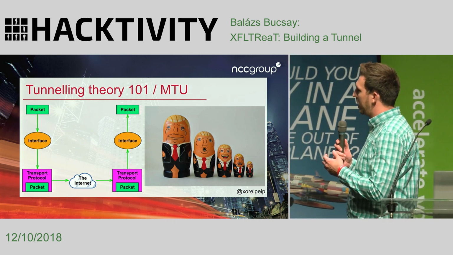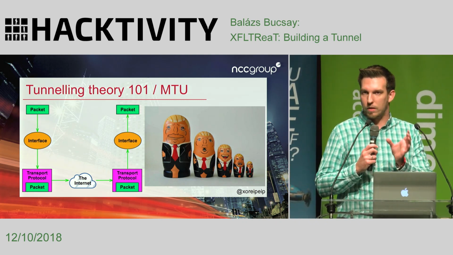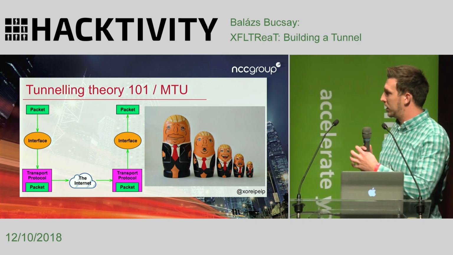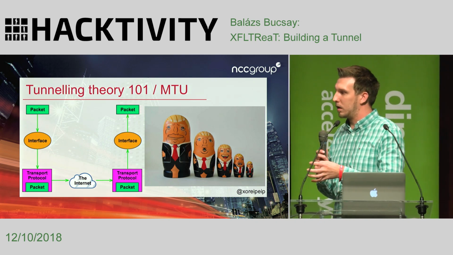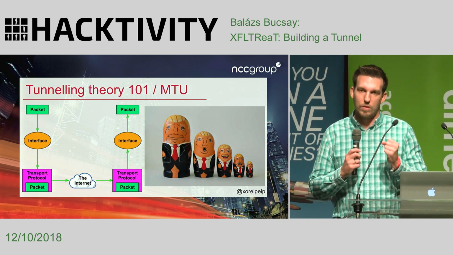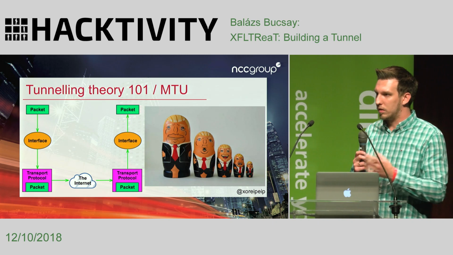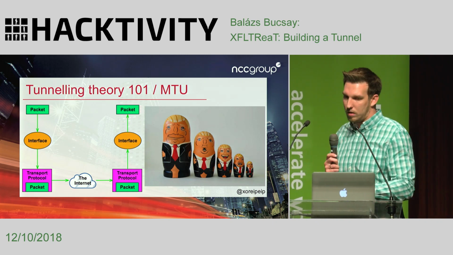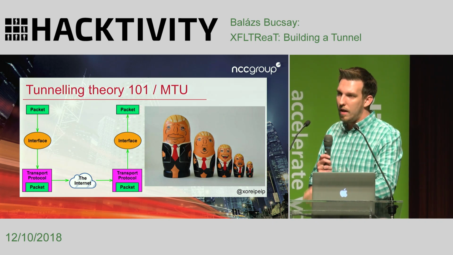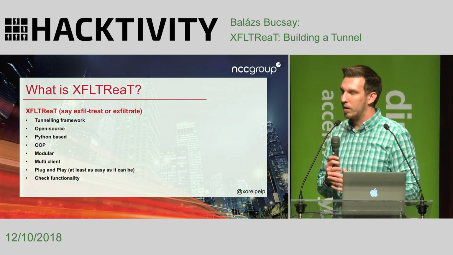On the green one, on the top left-hand side, that's the original packet. You grab that, you encapsulate it in the other kind of packet, which is unfiltered on the network. You transmit it over to the server, which will decapsulate it and get the same original packet that you wanted to send, and it will forward it to the destination that you wanted. And when you do the same backwards, that's how you communicate back and forth.